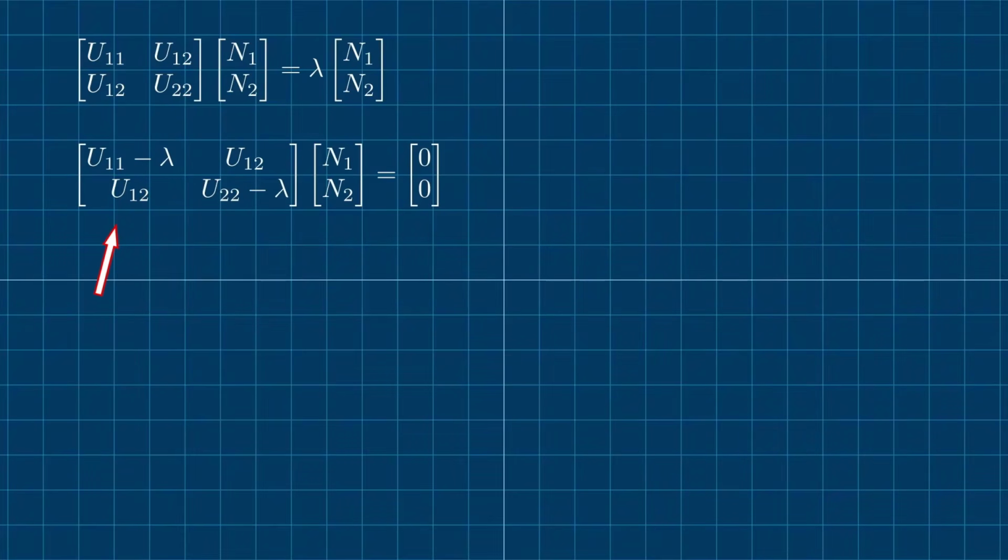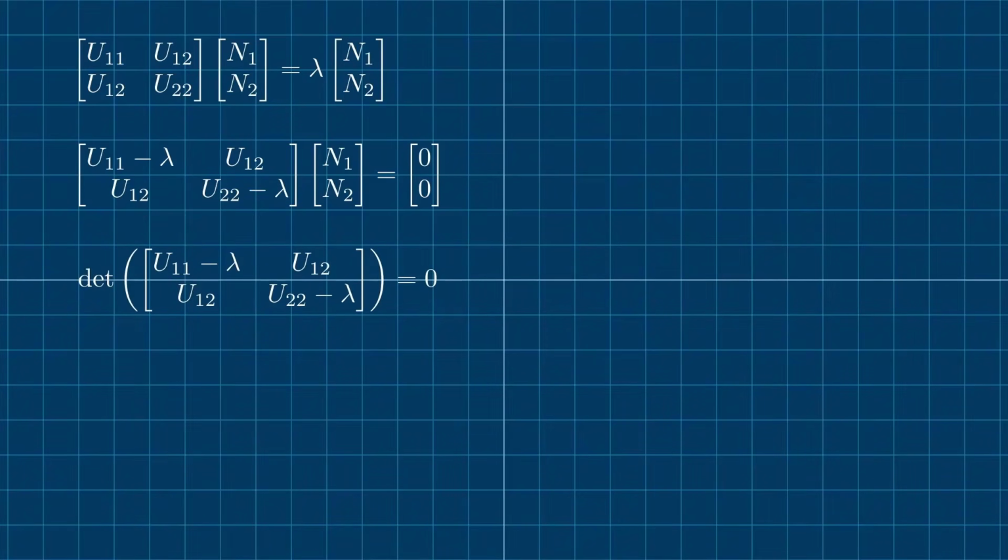If we rearrange this equation, we find that it is only fulfilled if a certain matrix times n is equal to 0. We know from linear algebra that a matrix times a non-zero vector can only be 0 if the determinant of the matrix is 0.